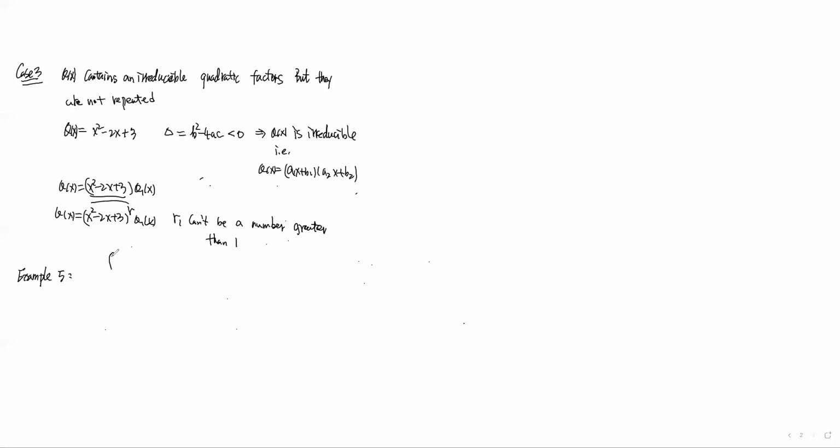Example 5. The integral of (2x squared minus x plus 4) over (x cubed plus 4x) dx. In step 1, you check directly, I will not repeat: write P(x), Q(x), and then check the degree. This is obvious, right? The function f(x) equals (2x squared minus x plus 4) over (x cubed plus 4x) is proper. Then let's look at Q(x).